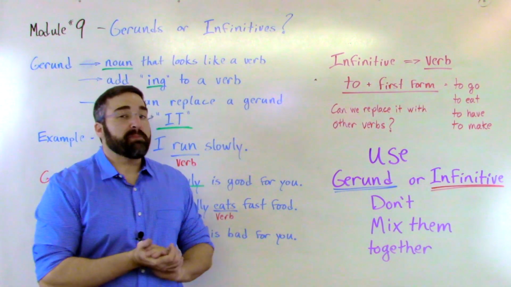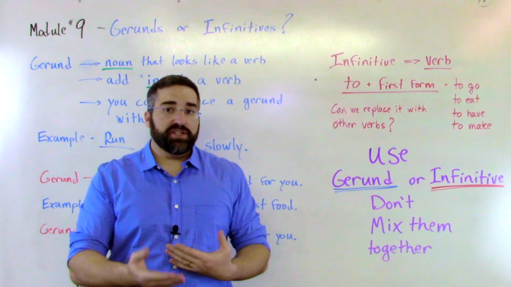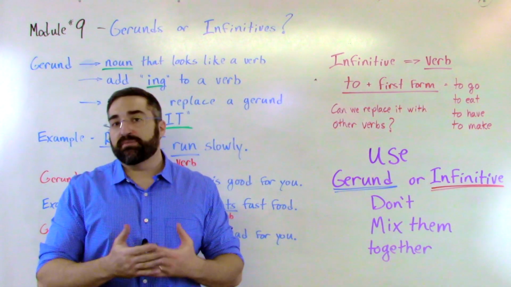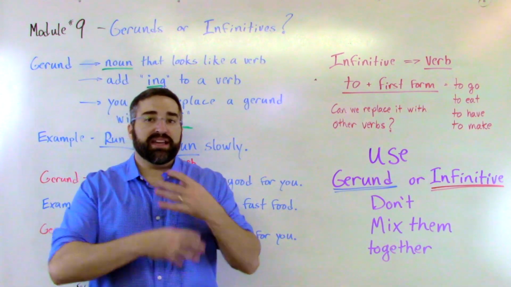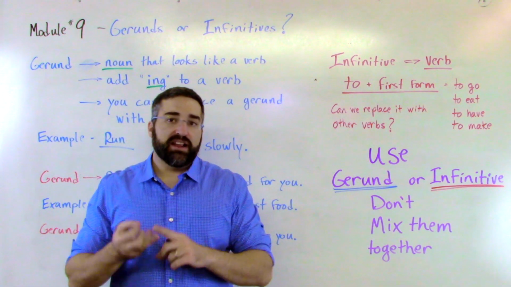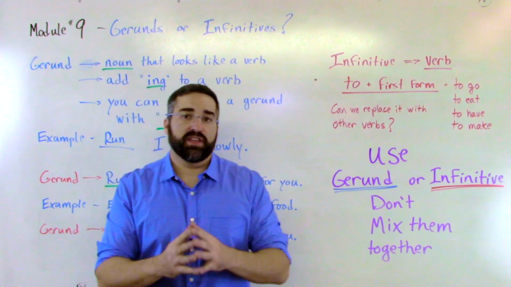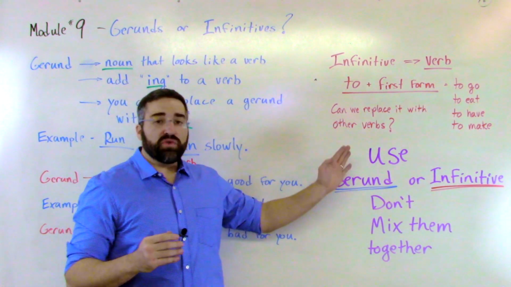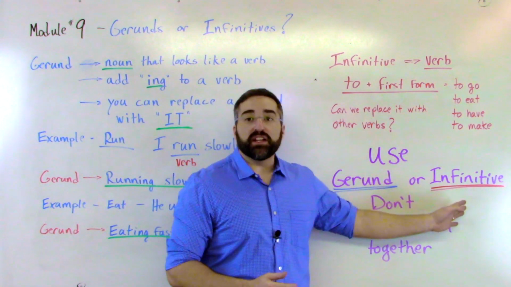Now, one of the most important things that I have to teach students and reteach students, because it's a very common mistake, is that students usually mix the gerund and infinitive. So this is very important. Please remember this. Use a gerund or an infinitive.